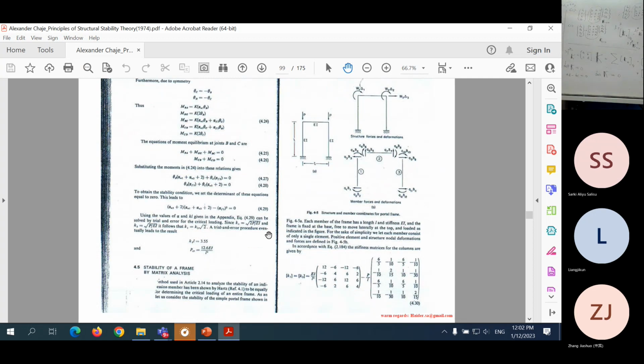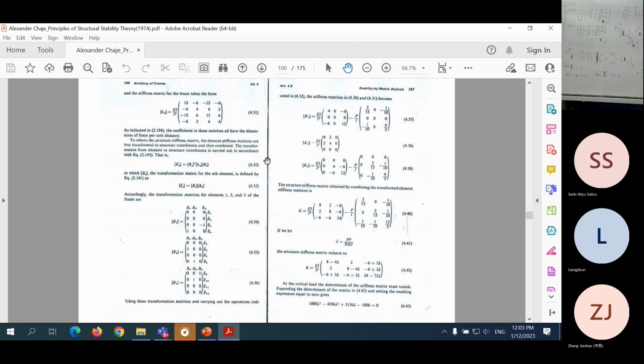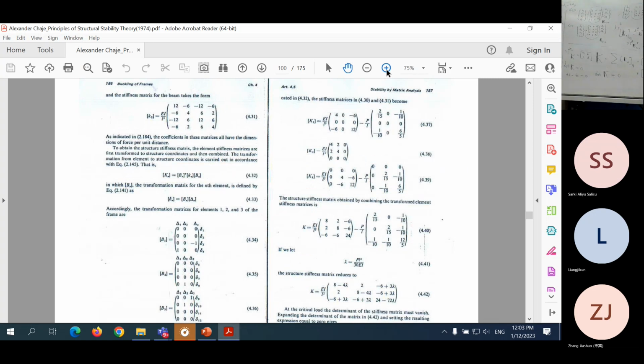The detailed process is shown here. What I explained just now, I have all explained here. In section 4.5, for this example, what I've gone through with you is all explained here, right until the final structure K.